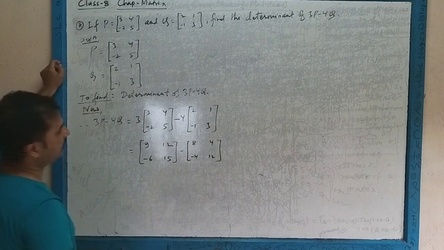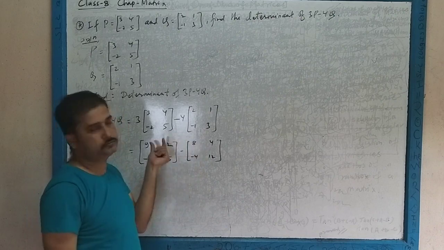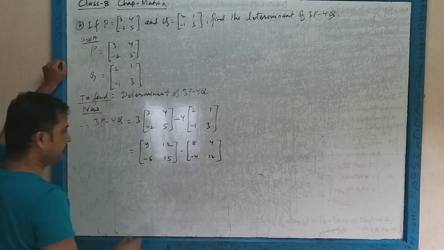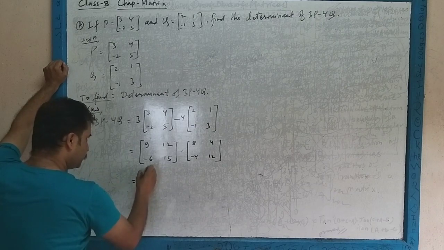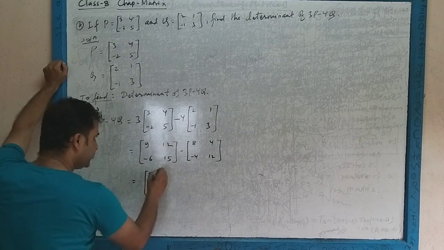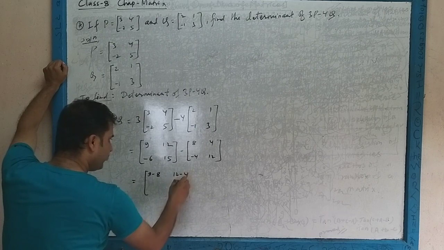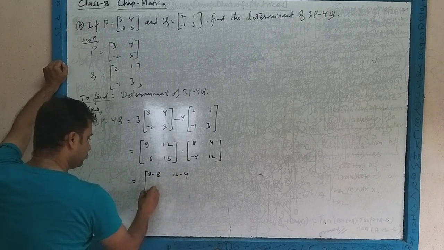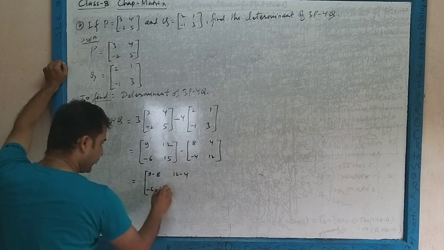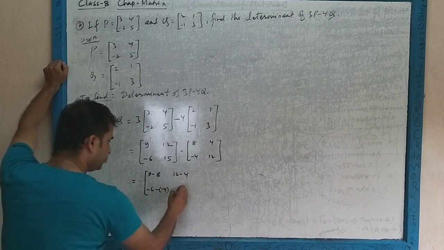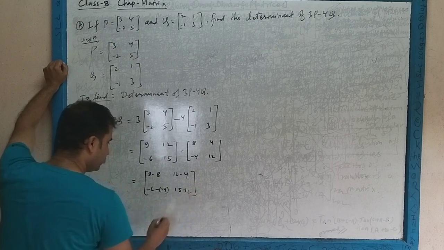Now both are of the same order, so you can add or subtract. Let's subtract. 9 minus 8, 12 minus 4, minus 6 with a minus sign and minus in brackets here, and 15 minus 12.